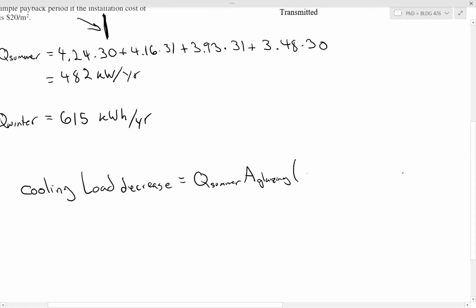So we're going to take a difference of our solar heat gain. This is without the film minus with the film.